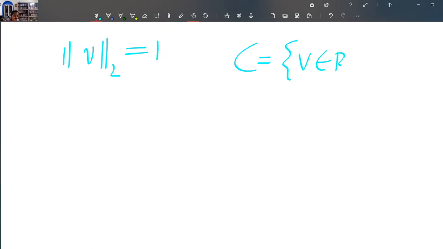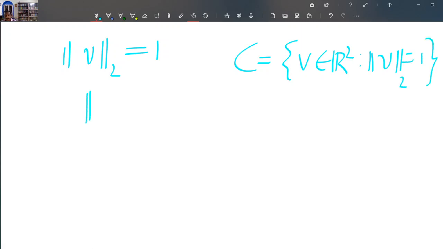It's very simple. In the two norm, we are going to consider two norm equal to 1. So our set under consideration is C, the set of all V in R2 such that the two norm of V is equal to 1.